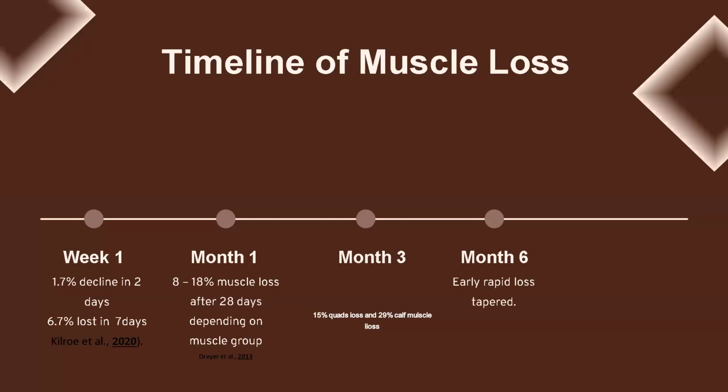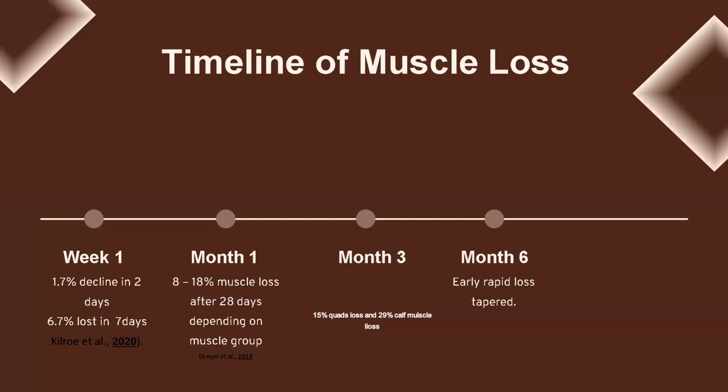So by 90 days, which is around the 3-month window, 90 days of bed rest, studies show 15% quad loss and 29% calf muscle loss.